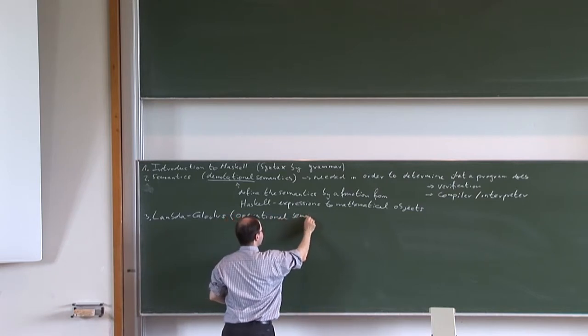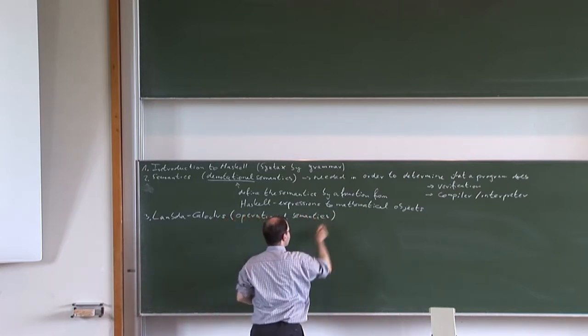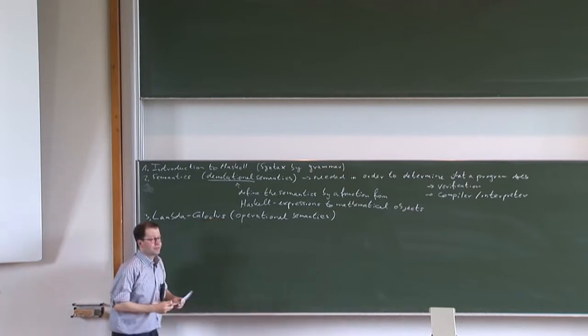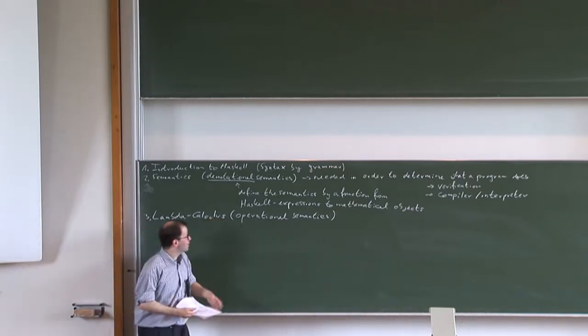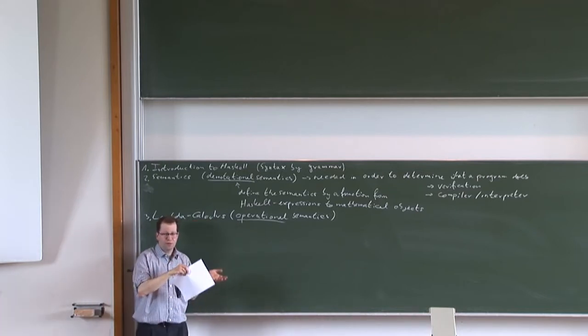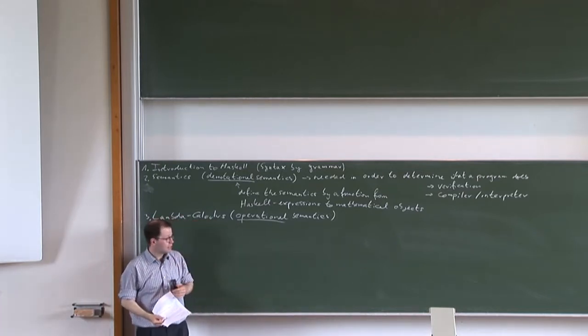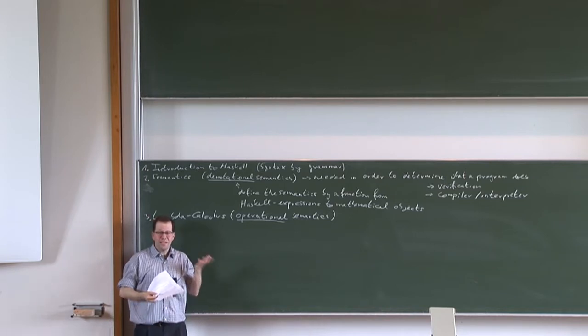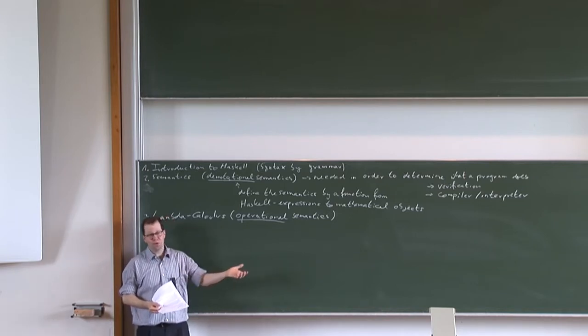And in this way, we can also define... Now, operational semantics means define the semantics not by giving a function from expressions to mathematical objects, but by giving an interpreter and saying, this interpreter implements my language, and every other interpreter that does the same thing is correct.